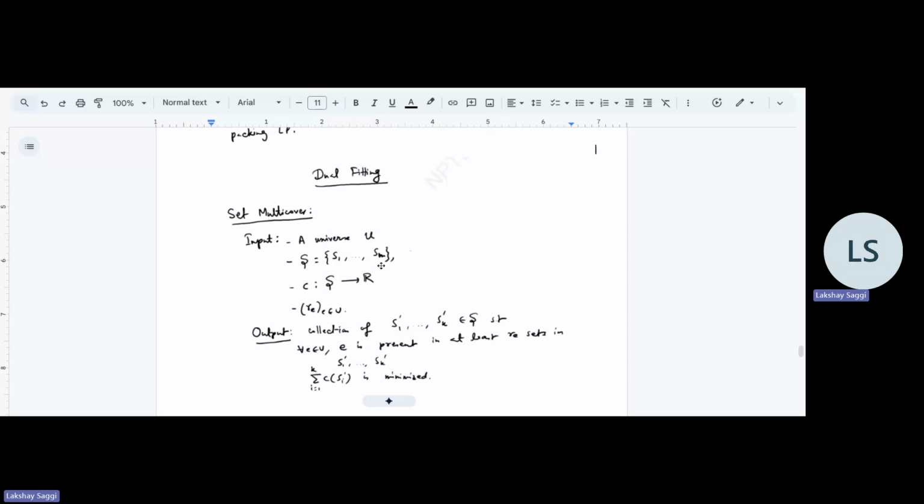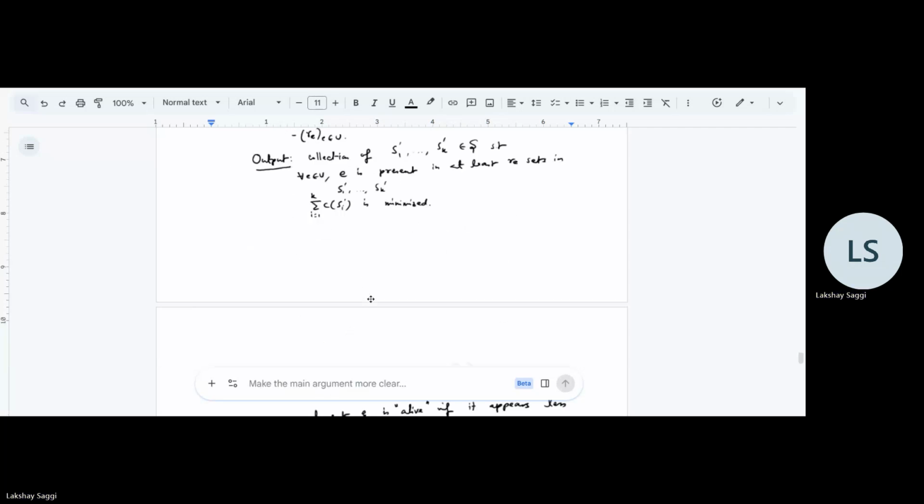But another variant can allow selecting some subsets more than once, so you can select S1 two times, three times, four times. But in the lecture videos, the variant discussed was that every subset is selected at most once.